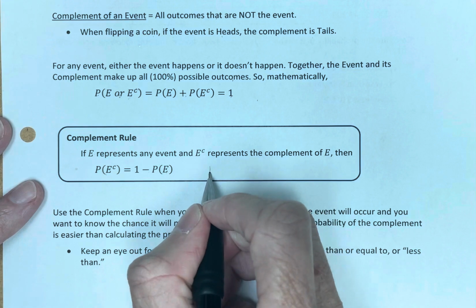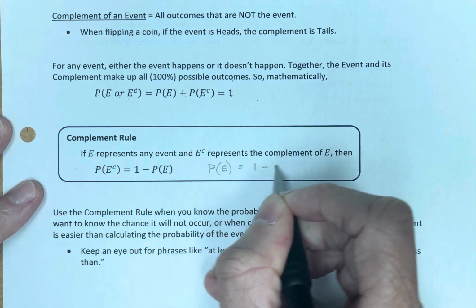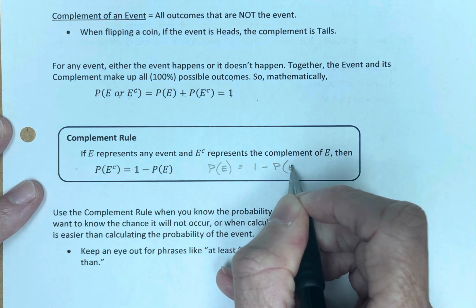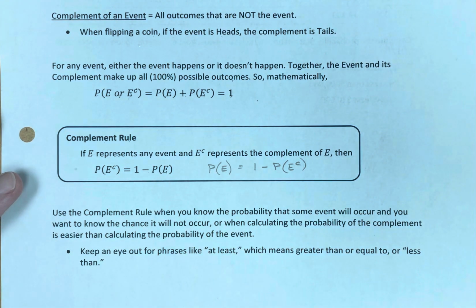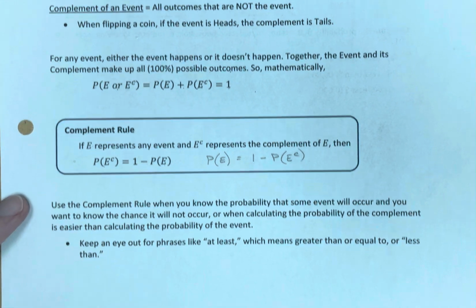Similarly, the probability of the event is 1 minus the probability of the complement of the event. We can work with both of those to come up with probabilities. Sometimes it's a shorter way to do things.